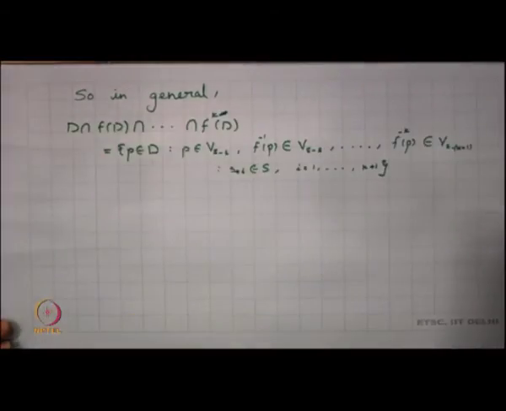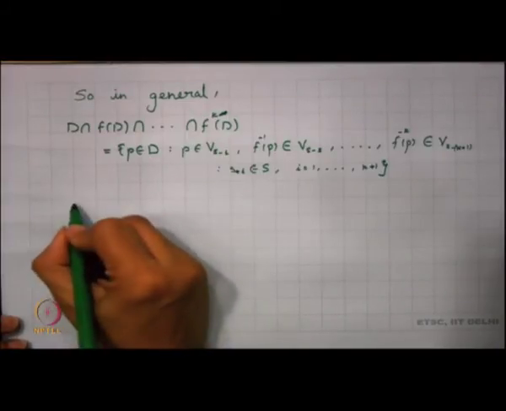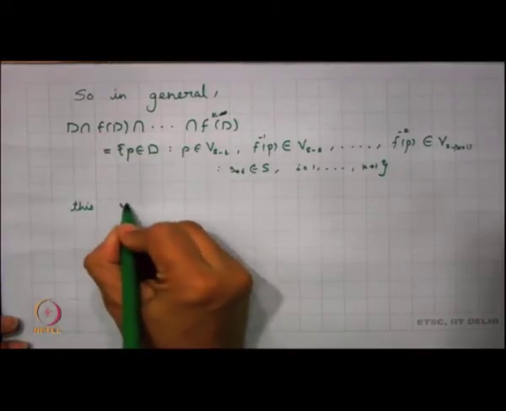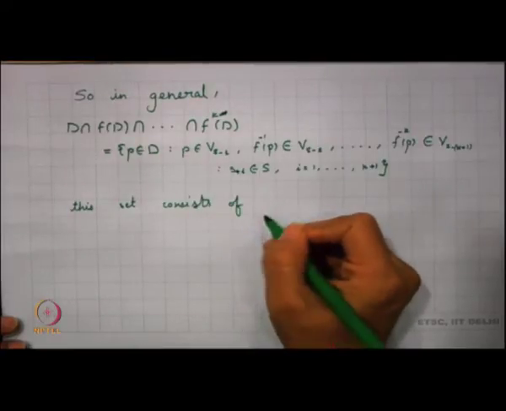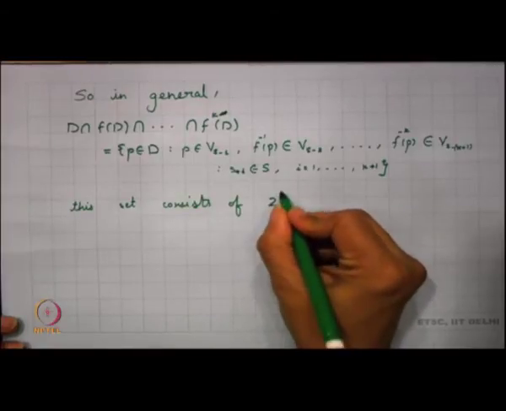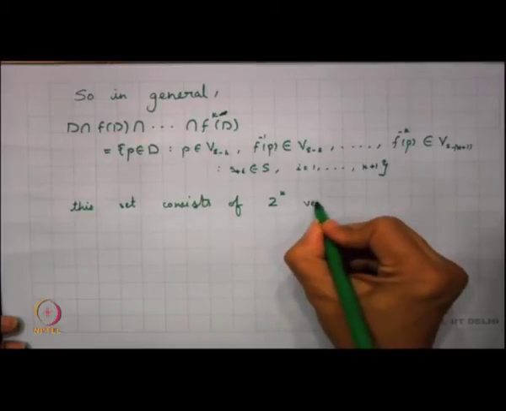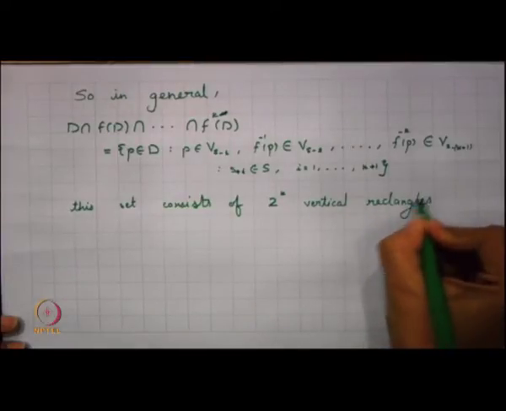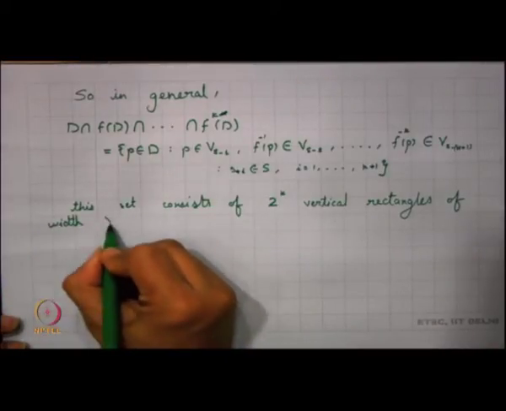When we look at the kth part, this set consists of how many rectangles? 2 to the power k. So we have 2 to the power k vertical rectangles of width lambda to the power k.